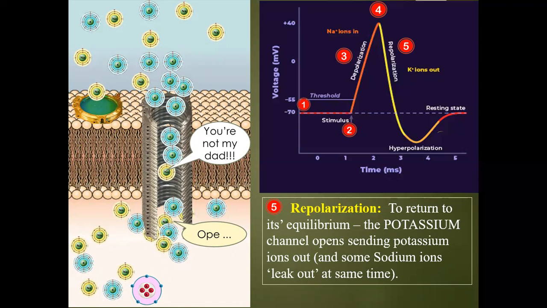While the sodium channel was good at just letting sodium in, the potassium channel certainly lets a predominance of potassium ions out, but some of the sodium ions are also going to go with it. So we're not only losing just the potassium ions, we're losing some subset of the sodium ions as well.